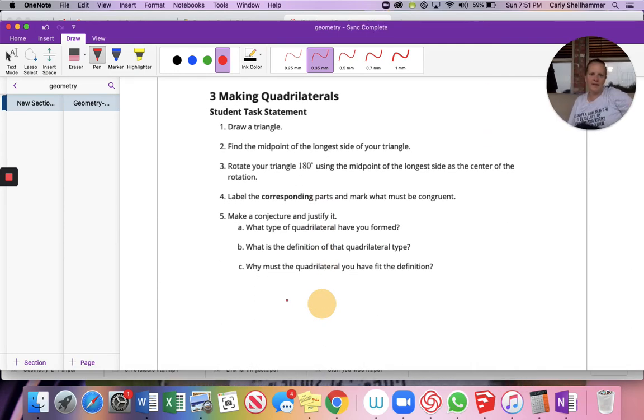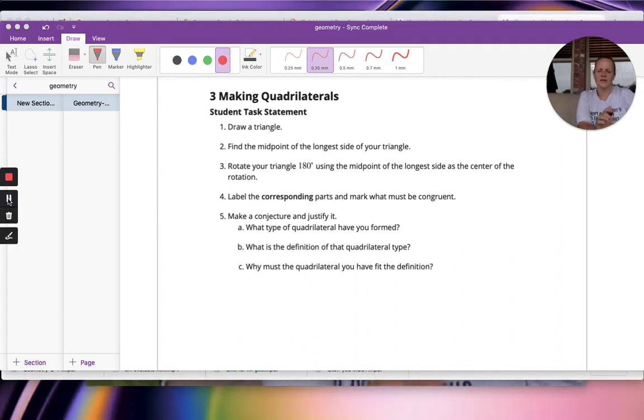All right, making quadrilaterals. Let me get to my right page in my book. All right, so here, let me push pause for a second. All right, I just wanted to see if there was an applet in your curriculum. So here, I'm going to move this up just a little bit.